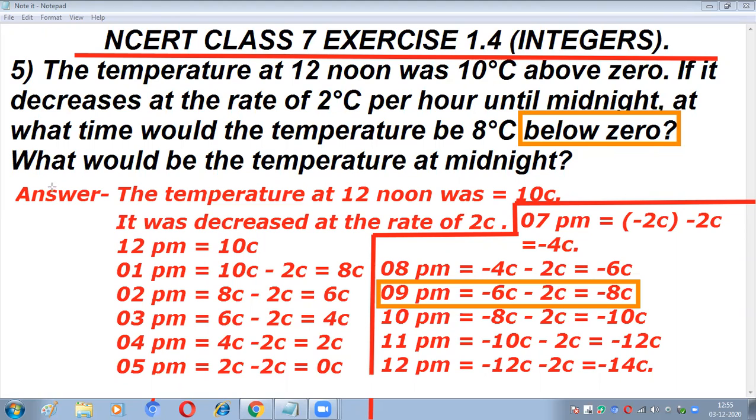Okay, that means minus 8. And then what would be the temperature at midnight? Midnight is 12 p.m. At midnight it is minus 14 degrees Celsius. Now we will write here.